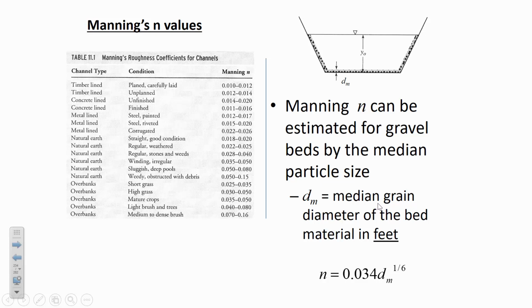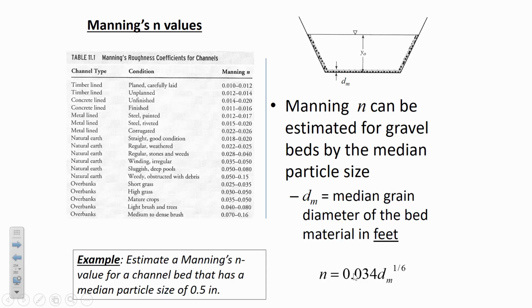So, for example, if you have rocks at the bottom of a stream and you know the median diameter of the rock in feet, then you could estimate the n value from the diameter of that rock. And so the bigger rock is going to have you end up with a higher n value.